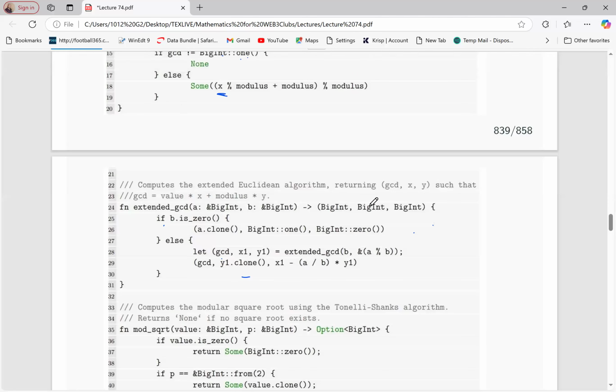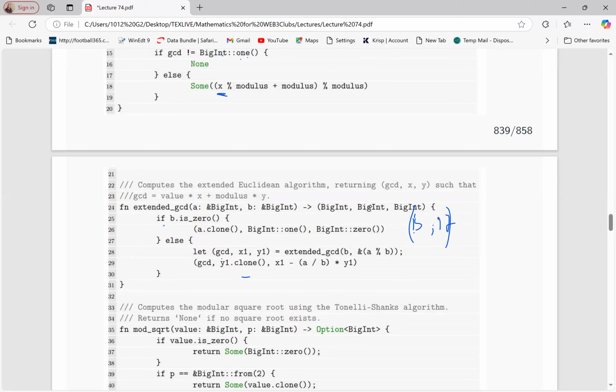So that's what it's doing. The example I gave was we had 17, and was it 15, and we wanted the inverse of 15, and I think we got 8.